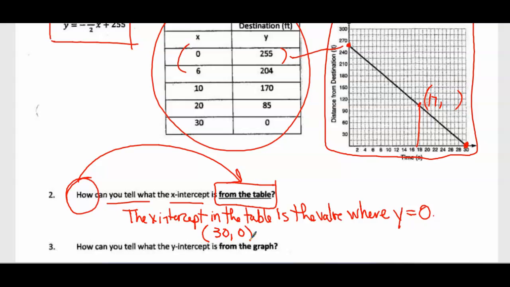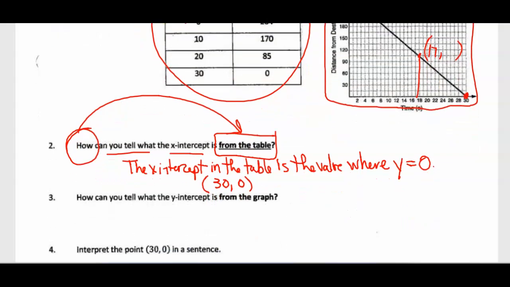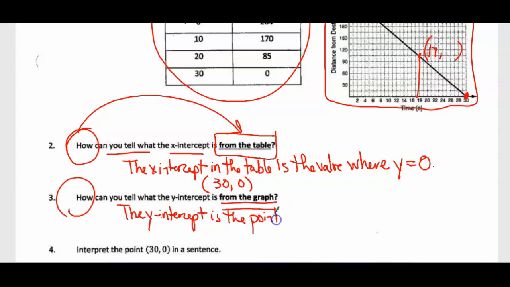The next question, I'm going to drop it down, says, how can you tell what the y-intercept is from the graph? Well, we learned how to tell where the y-intercept is. So you would say something to the effect of the y-intercept is the point where the line, make sure you're telling me how, not what it is.